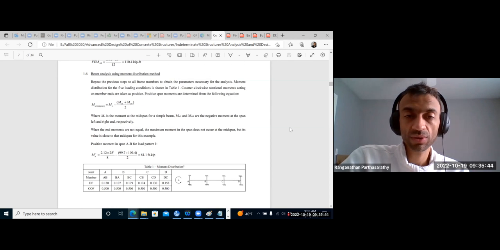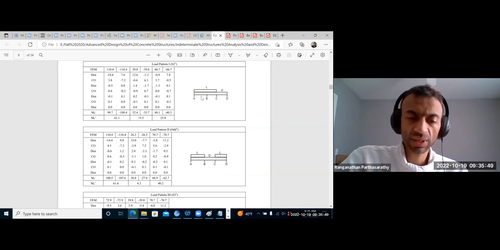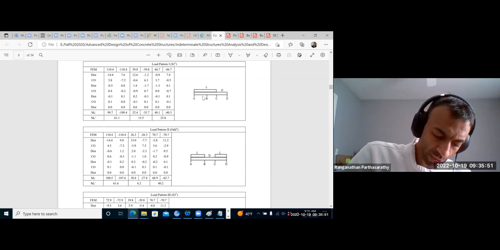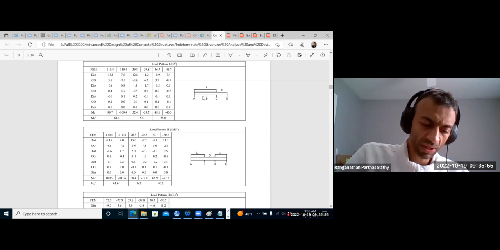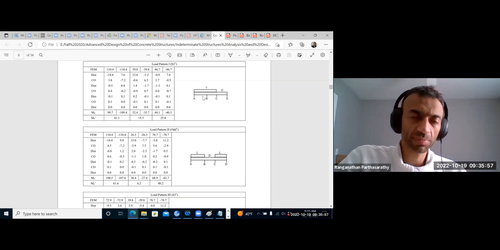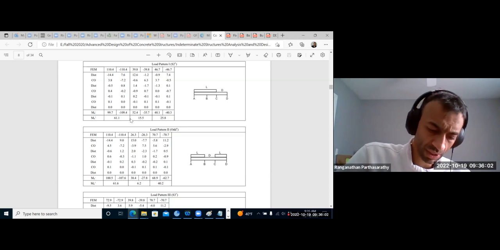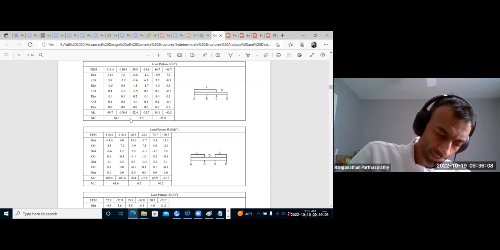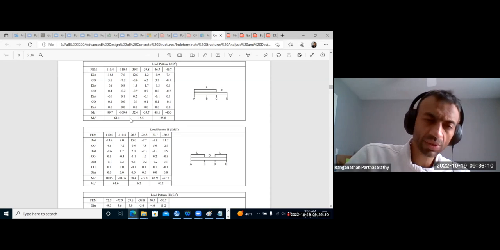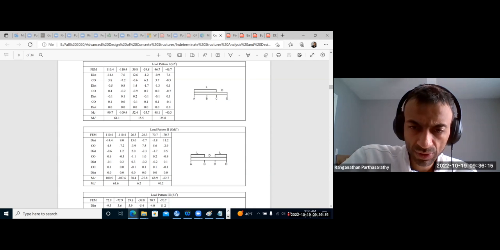Okay, 2.12. So 2.12 times 25 square by 8 is 165.625. From this, you have to subtract the average of these two. Then you get 61.1.